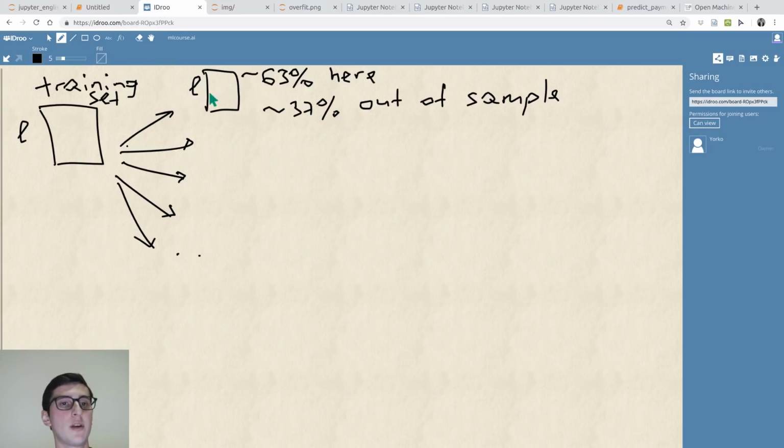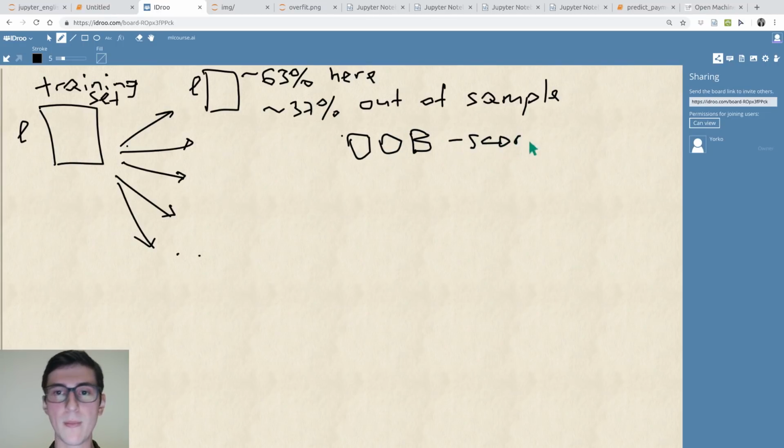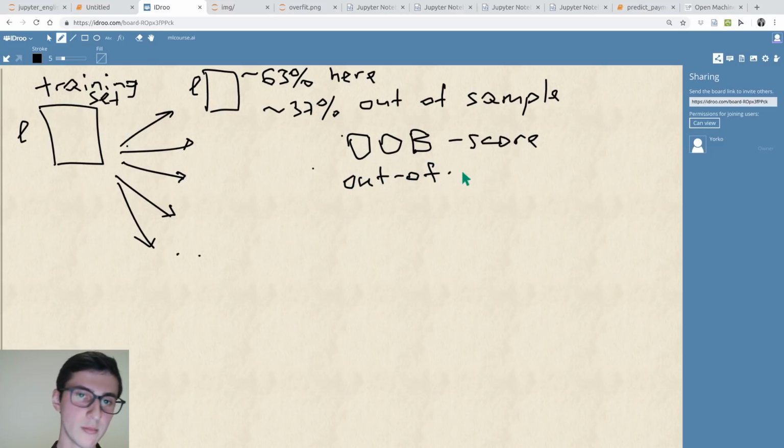The idea of quickly assessing model quality is called OOB score, and OOB stands for out of bag. We've got around 63% of our objects in this Bootstrap sample.